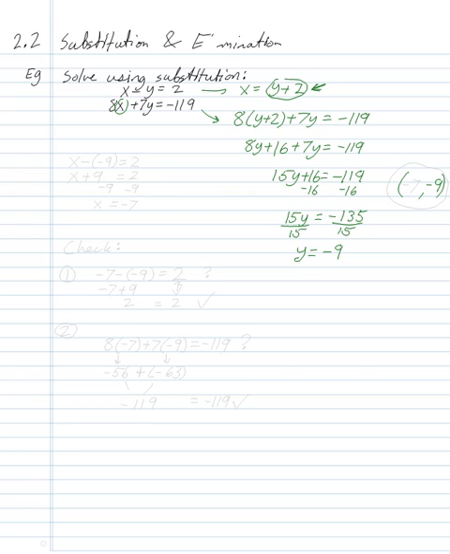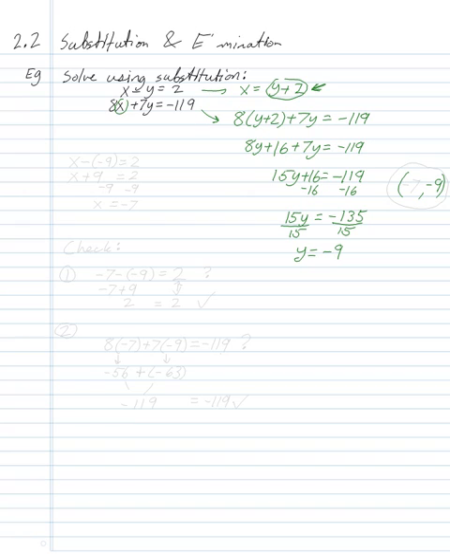So we've completed steps 1 through 3. Now we need to use what we know to figure out what x is. So I know that both of these equations must be true. So one option would be to plug that y value back into the first equation.